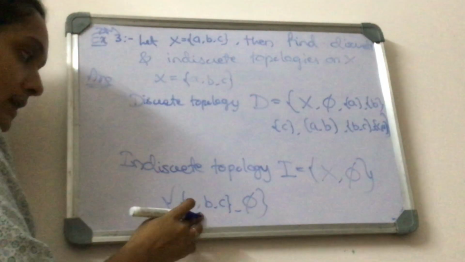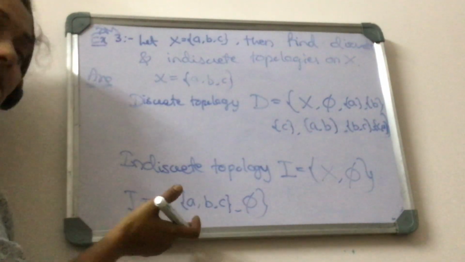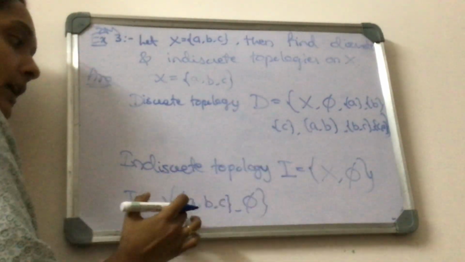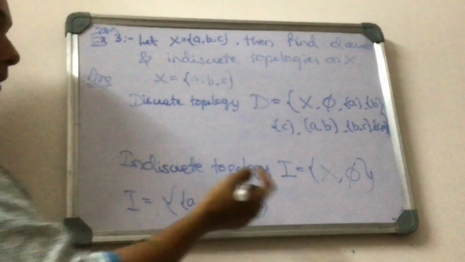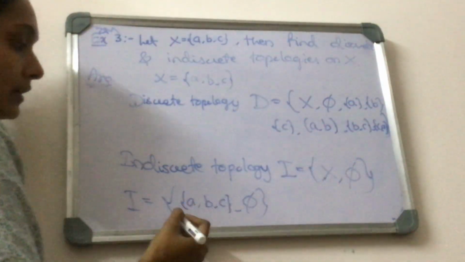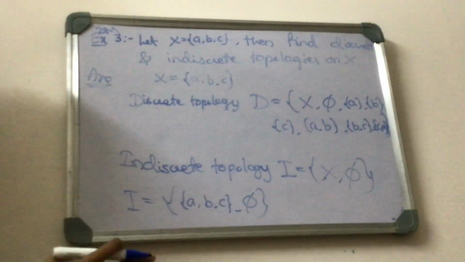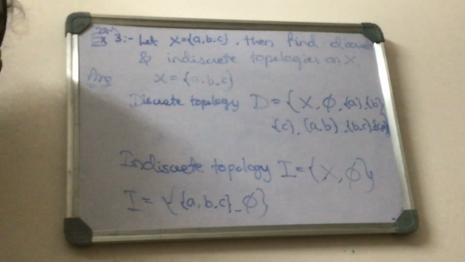Yes, because X is nothing but {A, B, C}. It is the indiscrete topology only. They may mention, in place of X, they will write {A, B, C}, the whole set. So you should know what should be there to form an indiscrete topology, right?